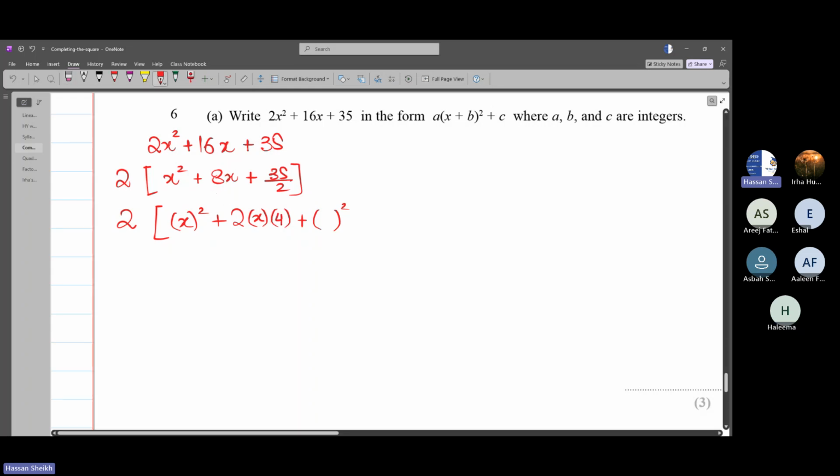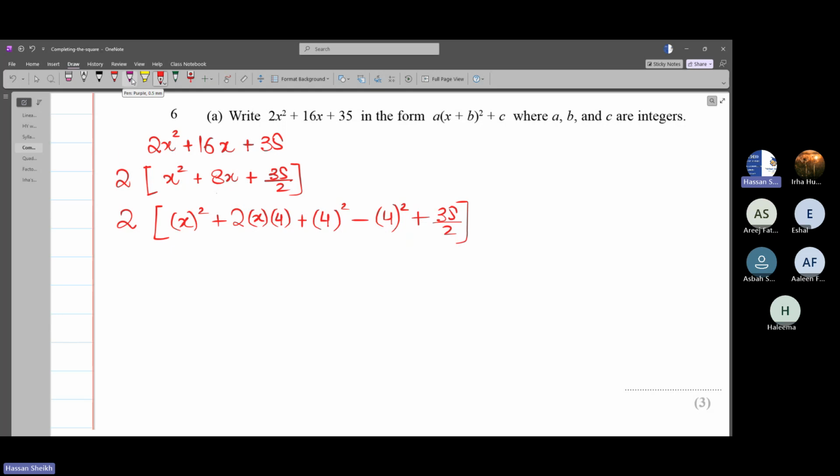Half of 8 is 4. And then we have b square. Agree? And then we added this plus 4 square, so we need to subtract it as well. And 35 over 2 is already there. Yes, students, do you understand that?